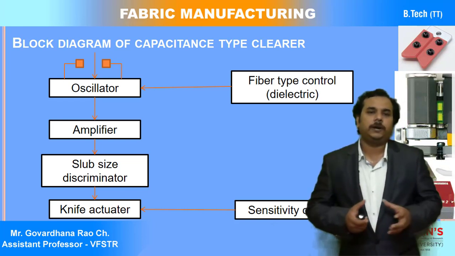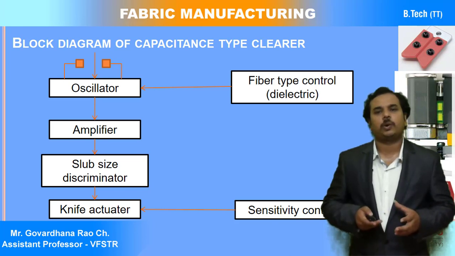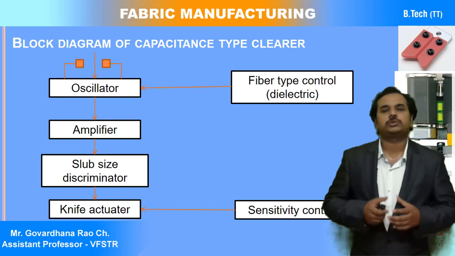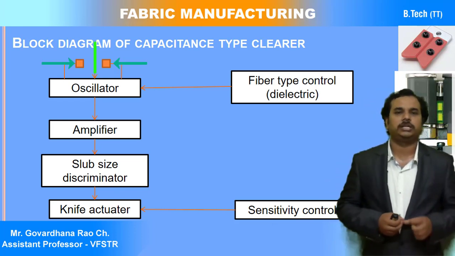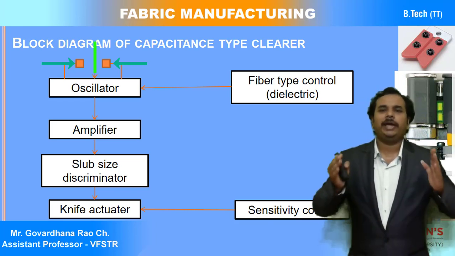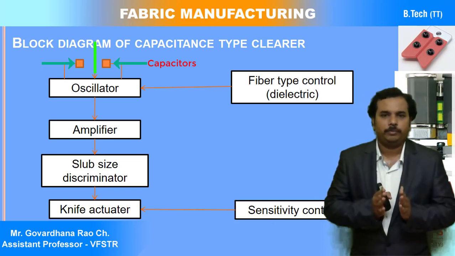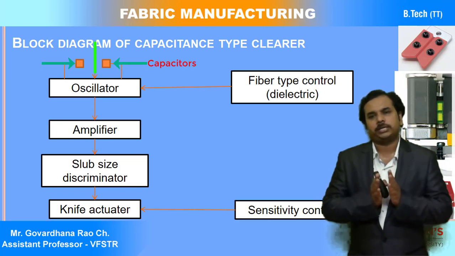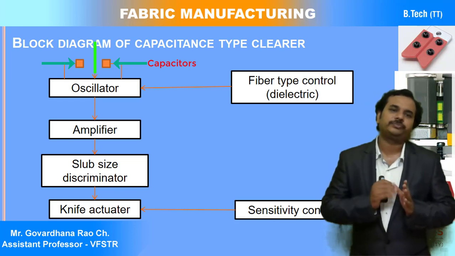You can see here the arrow which is showing the yarn, and it is detected by the two plates which are present in the capacitance type of clearer. So there are two capacitor plates present in the clearer, and in between these two capacitor plates, the yarn is passing.